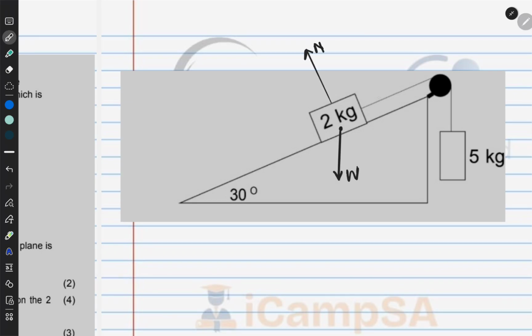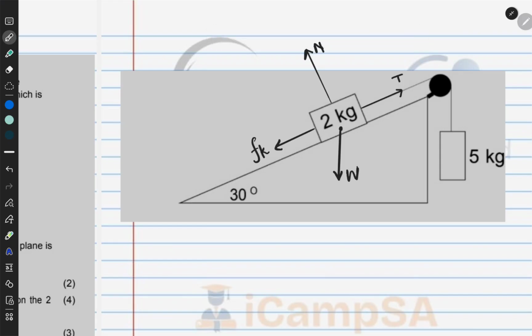Then this block will have the tension due to the string. And then it will have a frictional force resisting the motion. So that's our kinetic frictional force.